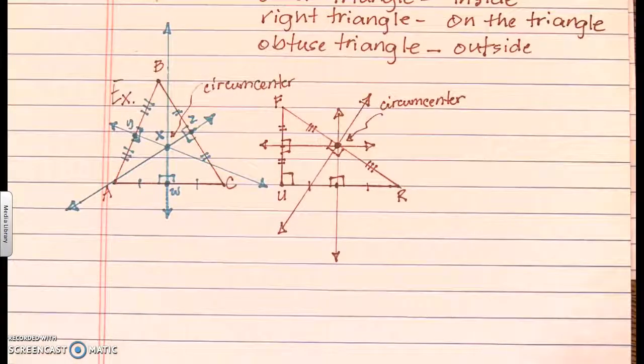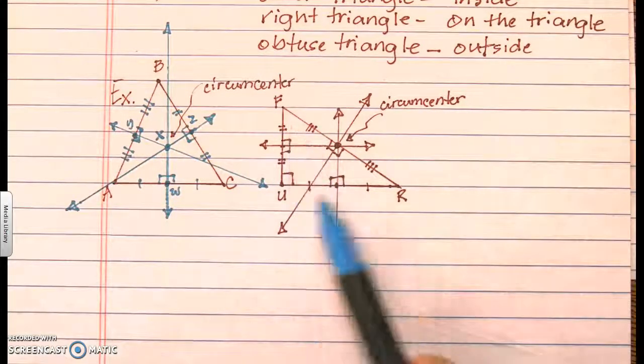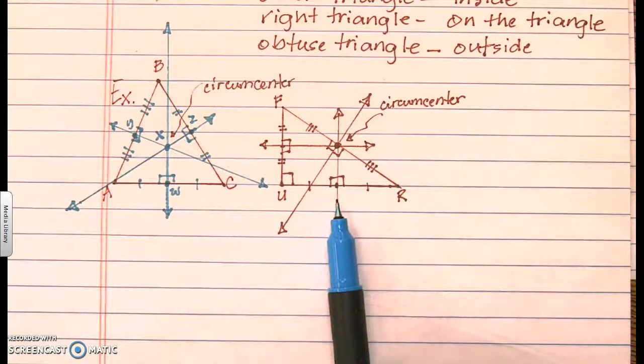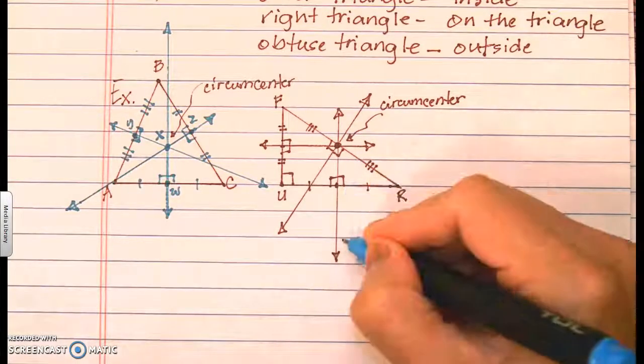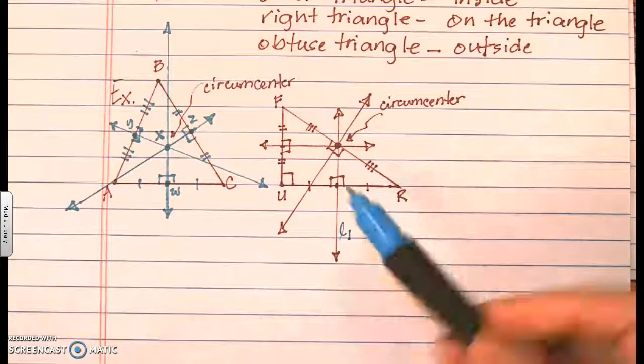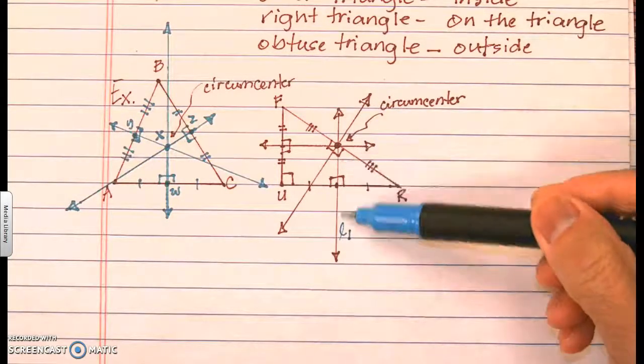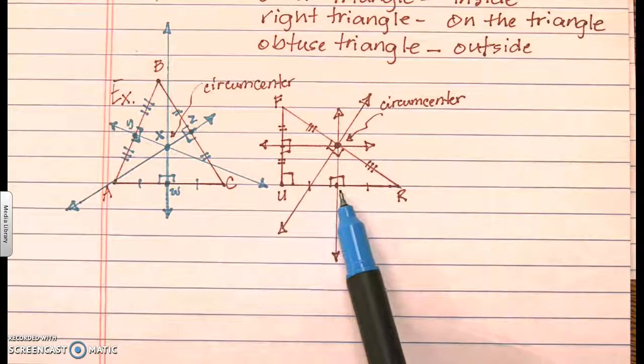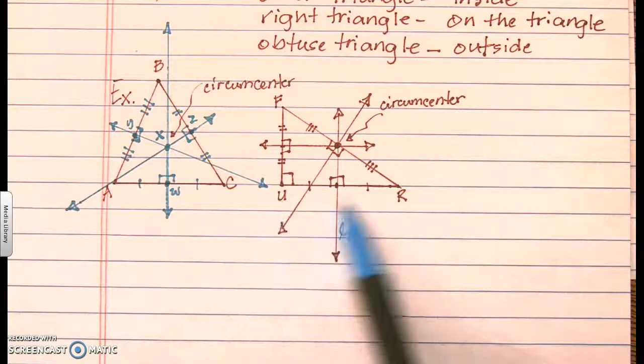My next example is a right triangle, so bear with me because there are a lot of lines already on this one. So this is my right triangle FUR, and my first perpendicular bisector, I'm going to call it my line 1, is this one right here. Perpendicular bisector because this segment is congruent to this segment right here, and it forms a right angle with side UR.